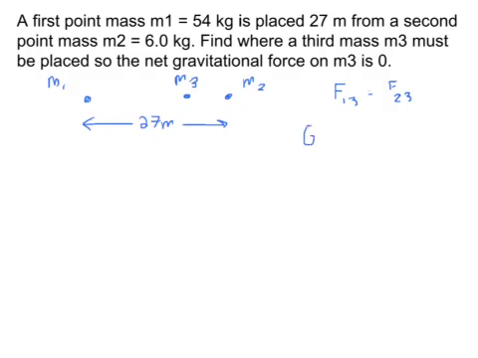So for each, we can replace that F with Newton's law of gravitation, which says take the constant, big G, which never changes, multiply it by the two masses, and divide by the distance separating those two masses squared. So we can do that on the left, and we can do that on the right.